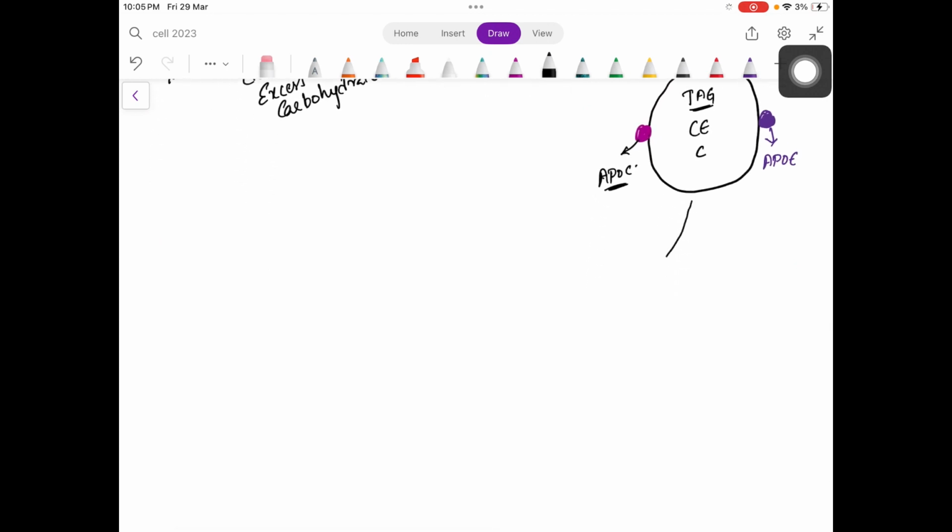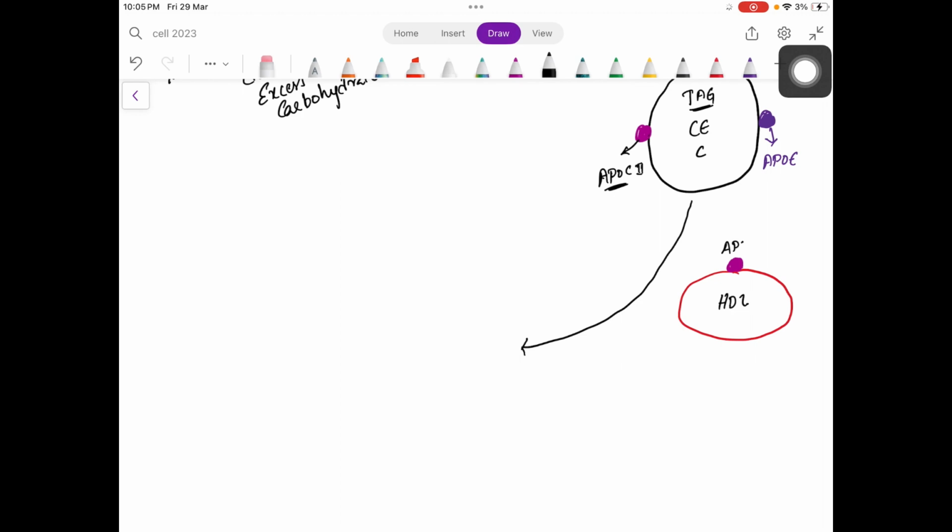Now, this nascent VLDL will be converted into mature VLDL. How is this converted into mature VLDL? We have a molecule called HDL. This HDL will have ApoC, and this ApoC is nothing but ApoC2.